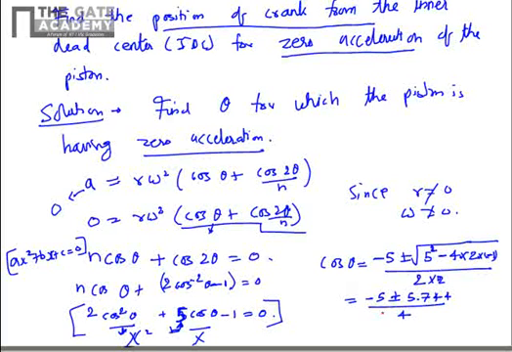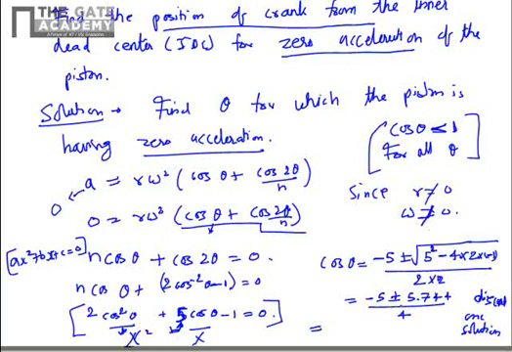Now here we get two solutions. One is minus 5 minus 5.74 and another one is minus 5 plus 5.74. Obviously cos theta cannot be greater than 1 in magnitude for any theta, so we discard one solution.